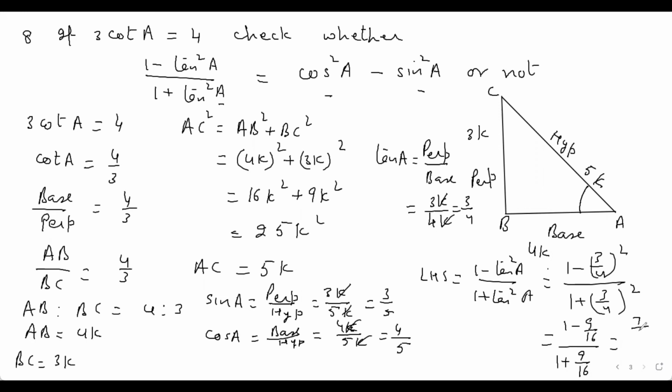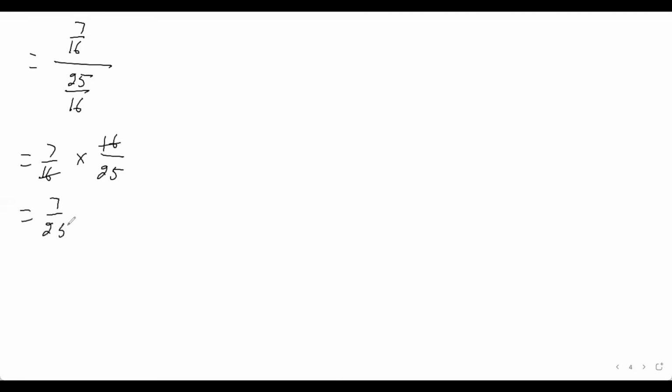That will come out to be 7 by 16 and 25 by 16. You'll have 7 by 16 upon 25 by 16. It means 7 by 16 into 16 by 25. It means 7 by 25. This is the left hand side. So left hand side is 7 by 25.